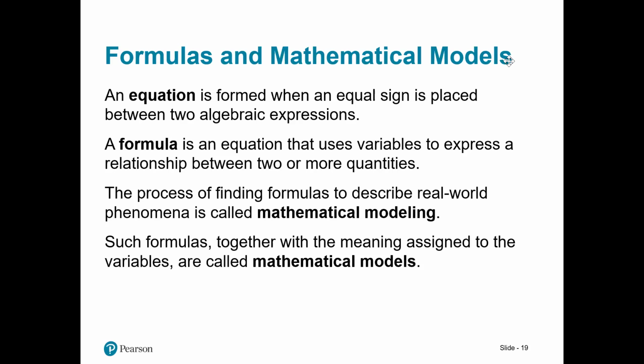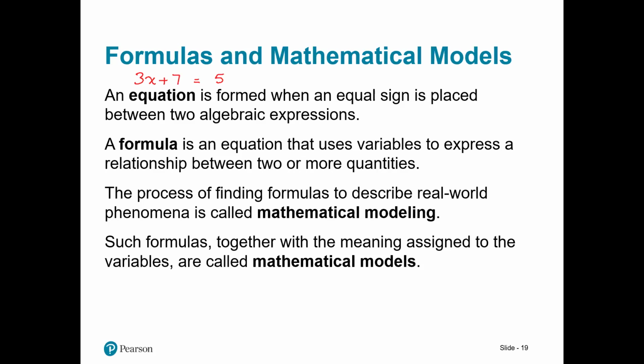So we're going to do formulas and mathematical models. This is really an extension of what we were doing before, an extension of evaluating expressions given the values of our variables. An equation is formed when an equal sign is placed between two algebraic expressions. If I have 3x plus 7 and I have 5, these are two algebraic expressions.